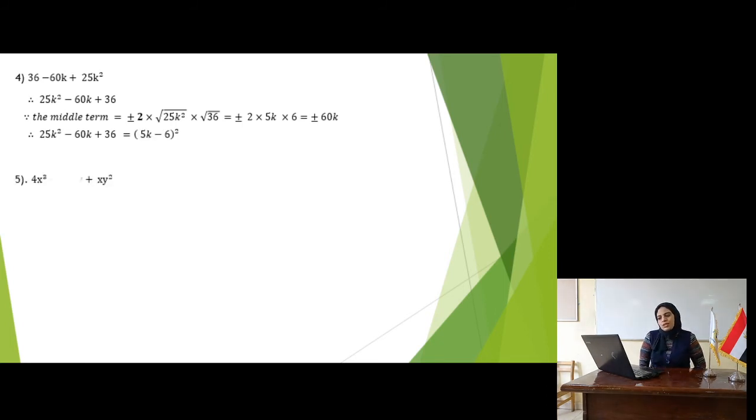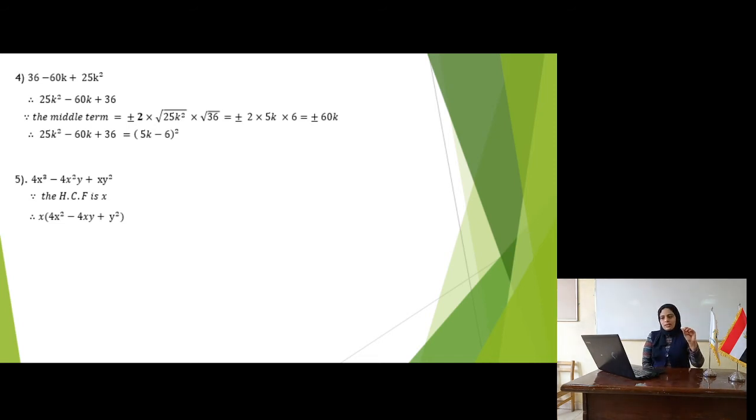Let's move to exercise number 5, which is 4x power 3 minus 4x power 2 y plus x y power 2. At the beginning, you will take the highest common factor, which is x. As we see, we have a common factor here. Take x outside the expression. It will be 4x power 2 minus 4xy plus y power 2.